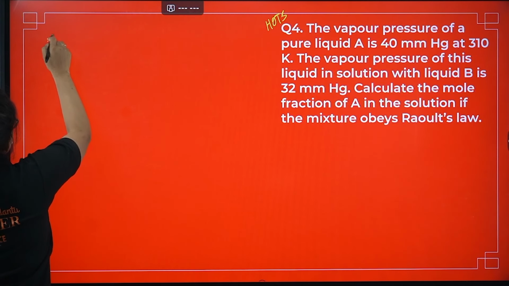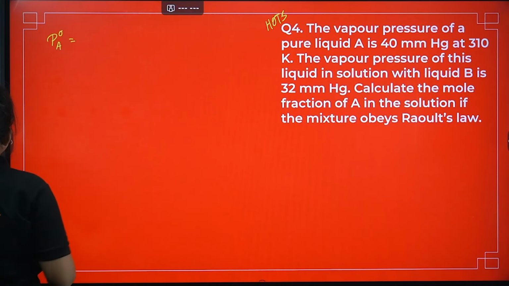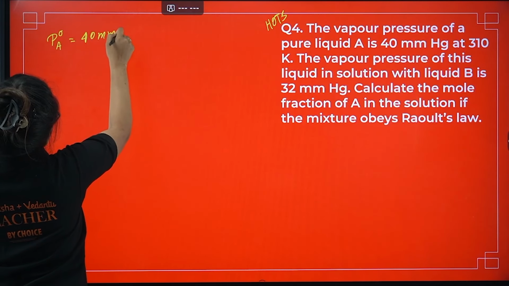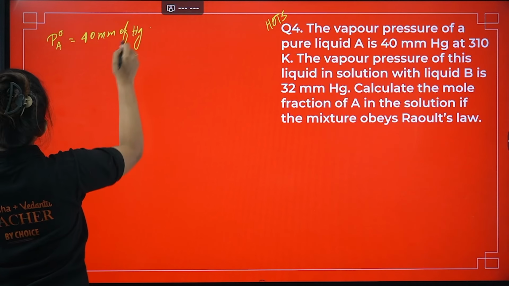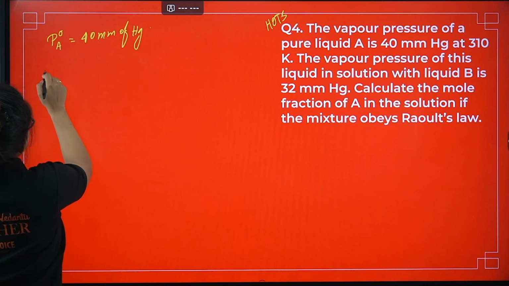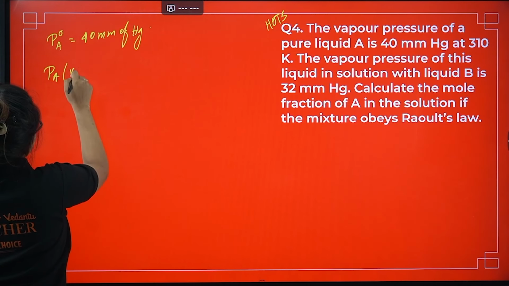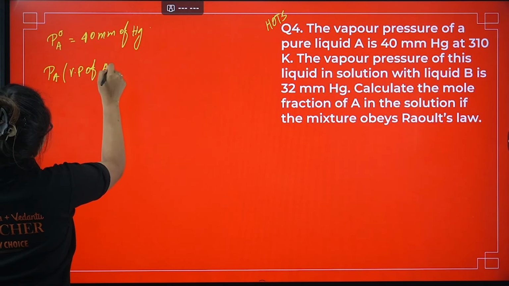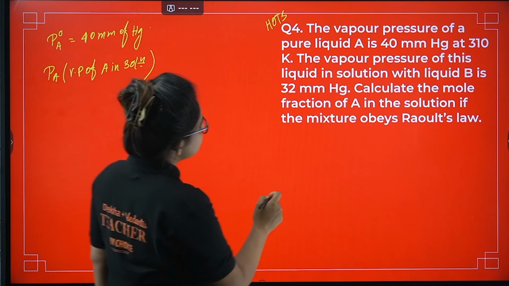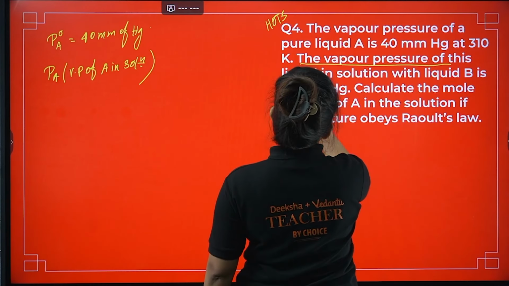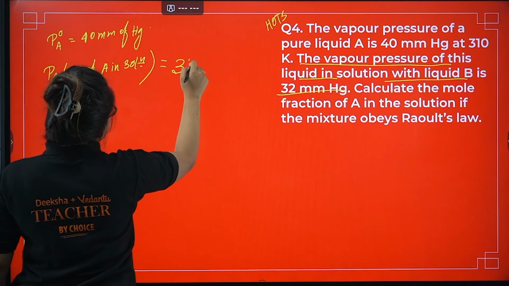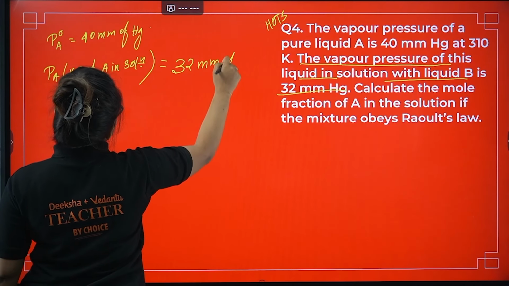Vapor pressure of pure A, let's say PA naught, is given as 40 mm of Hg. Now the vapor pressure of A in solution, that is PA, is also given: the vapor pressure of this liquid in solution with B is 32 mm of Hg.